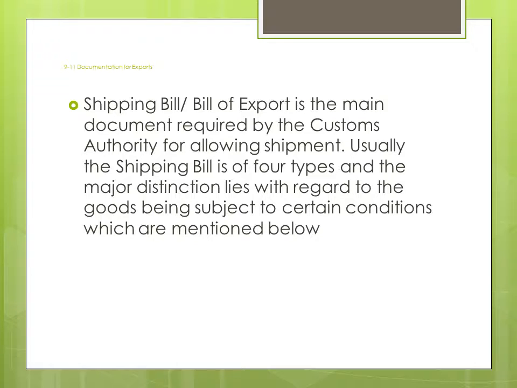Shipping bill or bill of export is the main document required by the customs authority for allowing shipment. Usually, the shipping bill is of four types, and the major distinction lies with regard to the goods being subject to certain conditions, which are mentioned below.